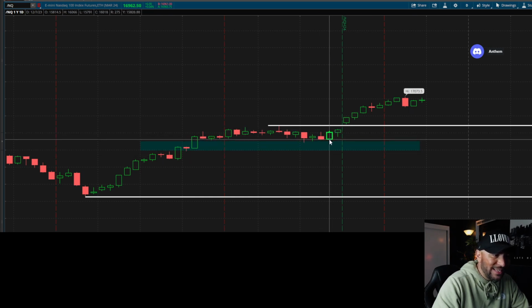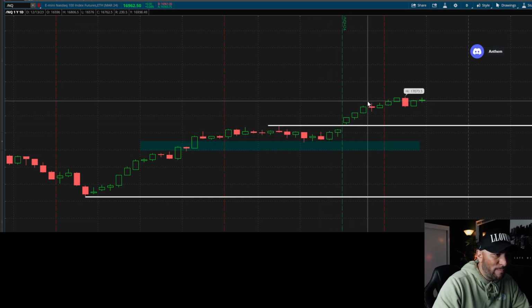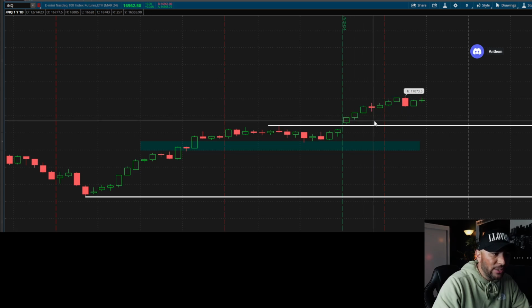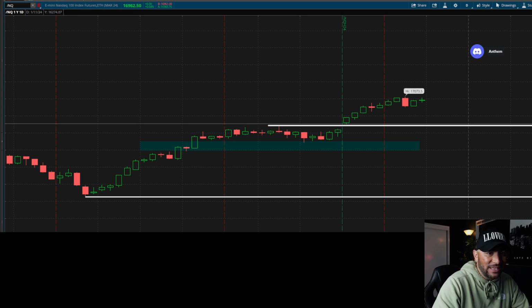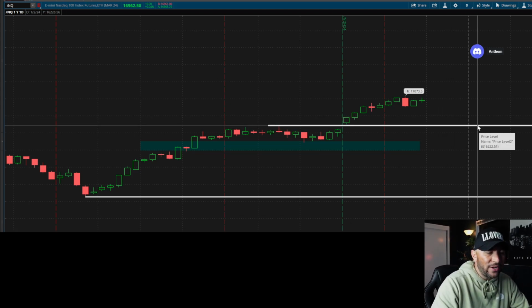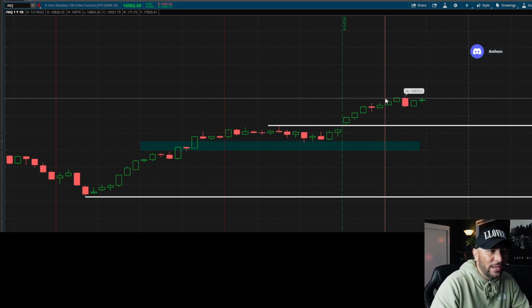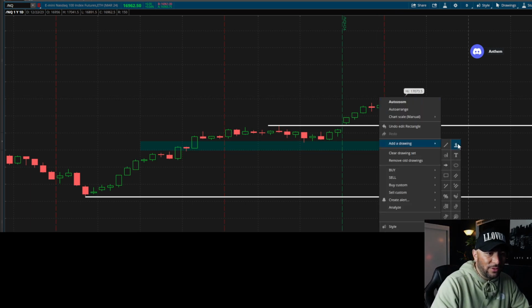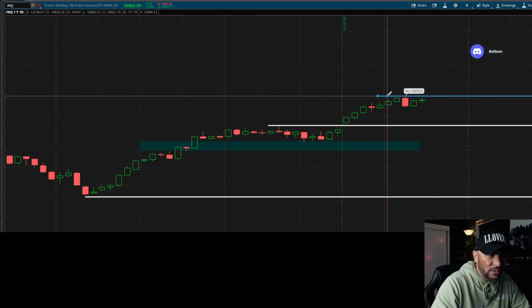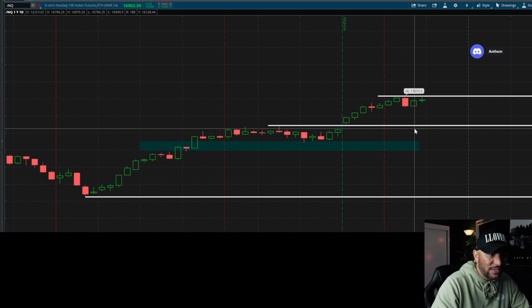Now, this was the last area where we bounced, we gapped up, we put in a little bit of a high. I've got this, which will be demand, but I have this resistance here at 16,222. If we do come down, I'd like to see this area be tested. I'd like to see the bulls hold this area, and I'd like to see us push higher. Obviously, I need to draw another price level line at our highs, which is going to be a price of 17,073.